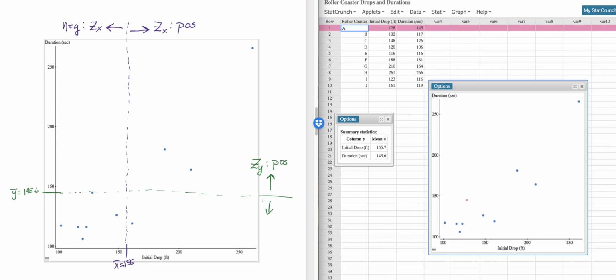And any point that is below this horizontal line will have a z-score for their y coordinate that is negative, because all of those y values are less than the mean of 145.6. Okay, so we have the sign of all these z-scores identified.